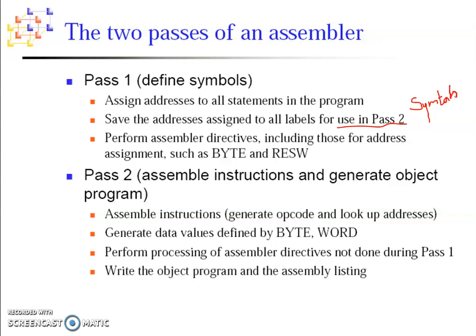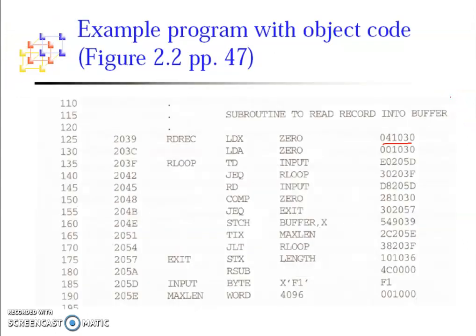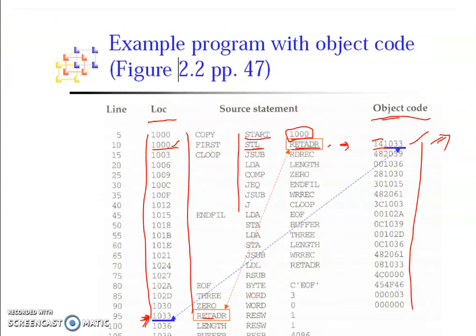SymTab is one data structure which helps in storing the addresses of the labels that are used in the program. So in this line of statements, inside SymTab, first FIRST will be stored, and its equivalent address 1000 also will be stored.